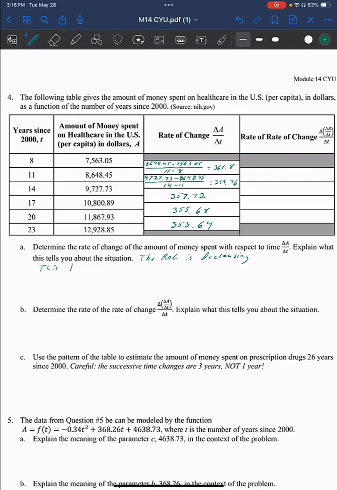And this tells us, well, actually it tells us that the change in the amount spent on healthcare each year is less and less.